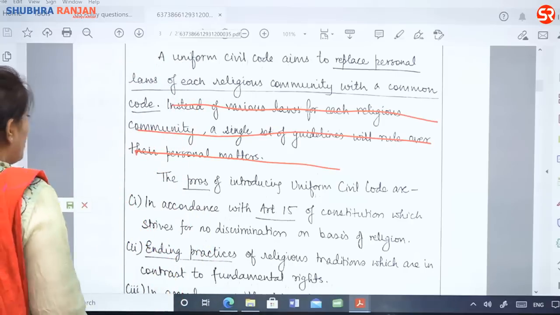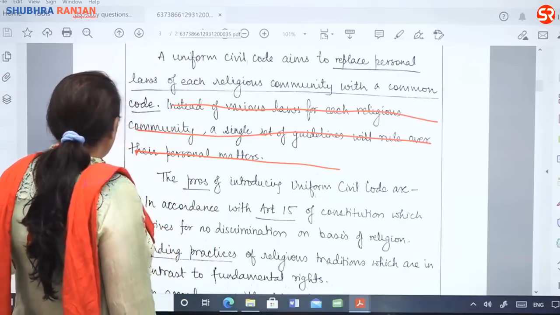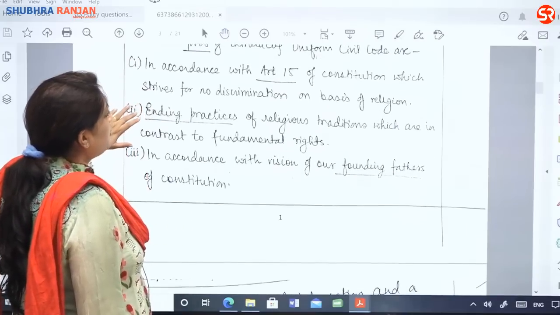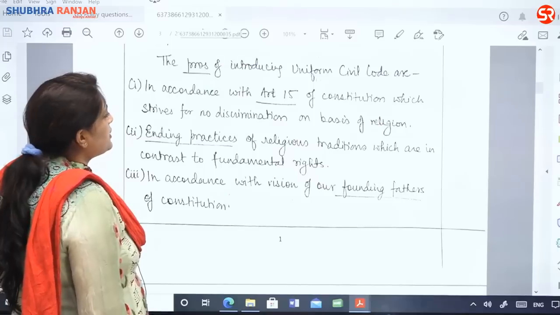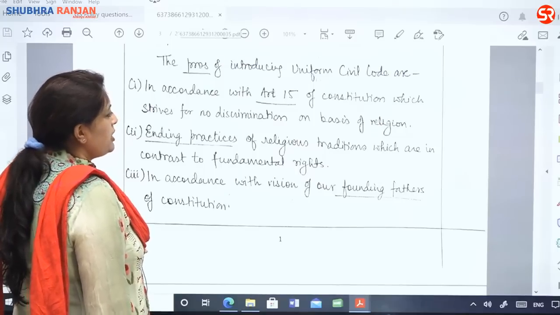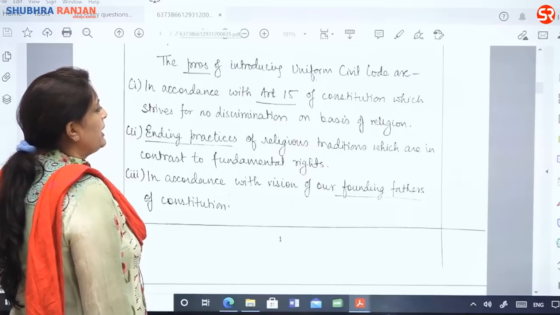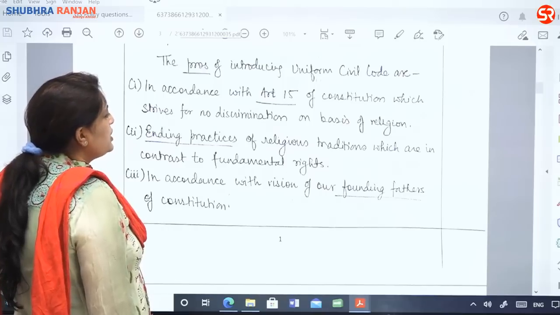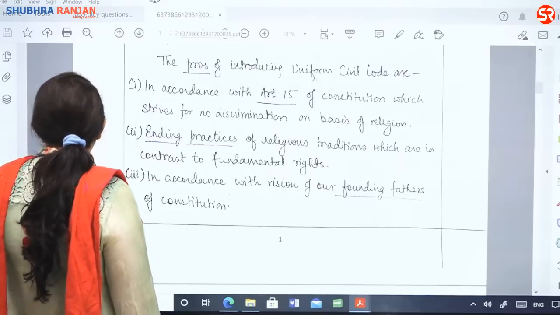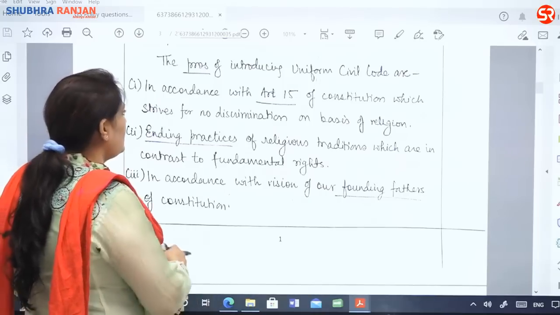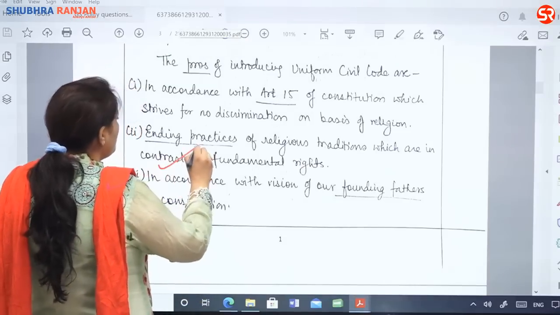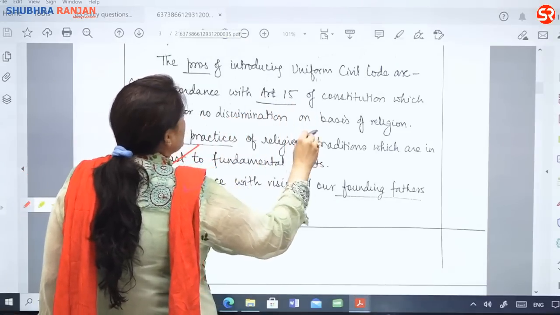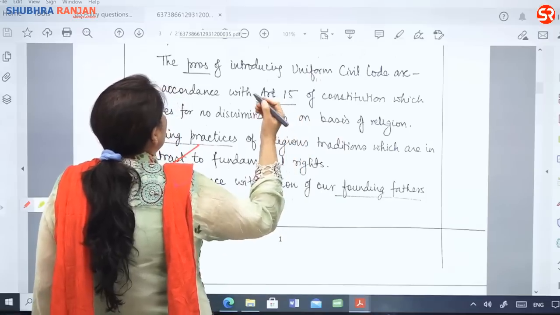The pros of introducing uniform civil code are: in accordance with Article 15 of the Constitution, which strives for no discrimination on the basis of religion, ending practices of religious traditions which are in contrast to fundamental rights. So instead of this, say it strives for no discrimination on the basis of religion.